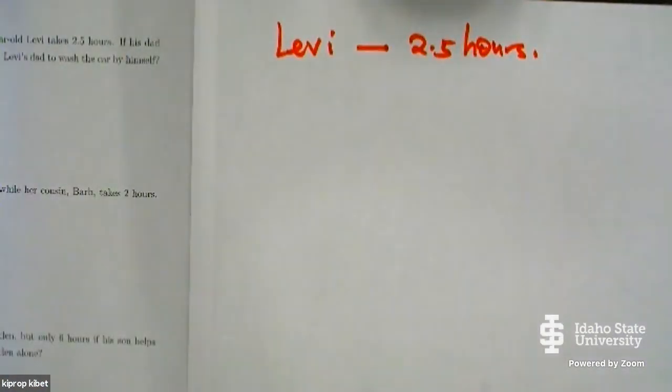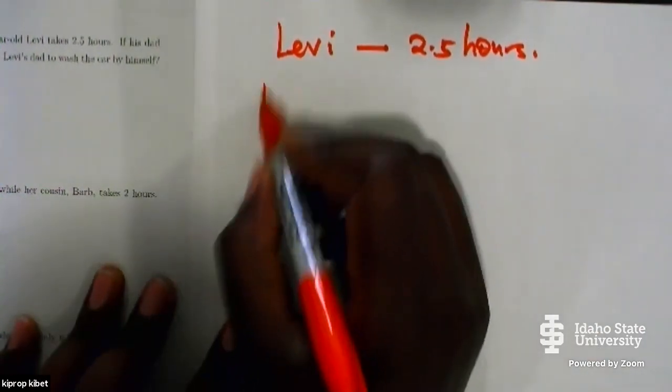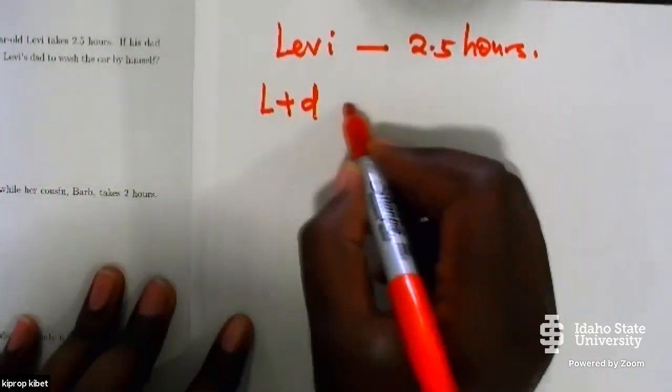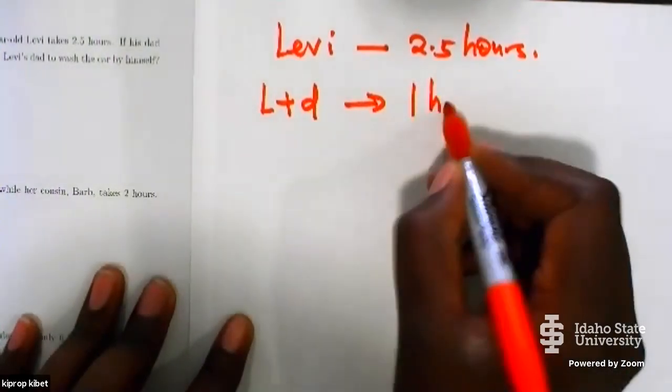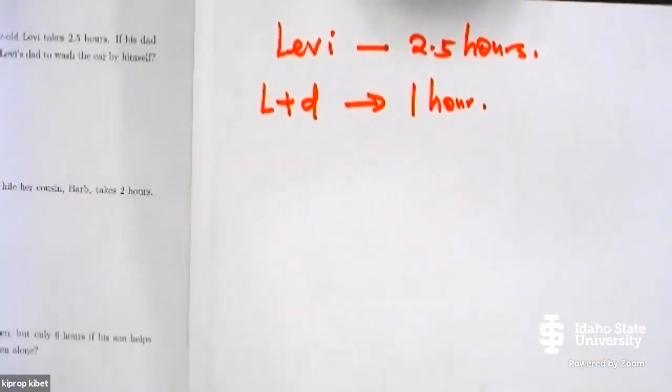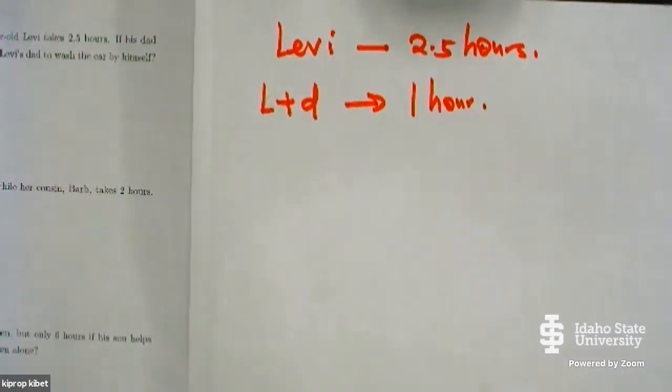If his dad helps him, then it takes 1 hour. So if the dad helps him, so Levi plus the dad will take how many hours? 1 hour. How long does it take Levi's dad to wash the car by himself?